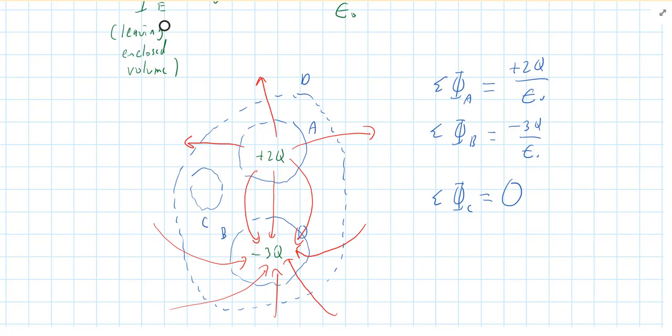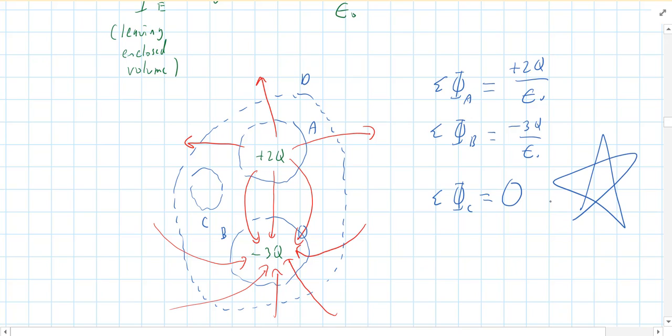Now, be very careful. This is really important. Don't confuse the net electric flux entering or leaving a surface with the flux at different parts of the surface. For instance, if I draw a few more field lines in here and fill this out, there is flux there. There are field lines entering the surface there. That would be a negative flux.